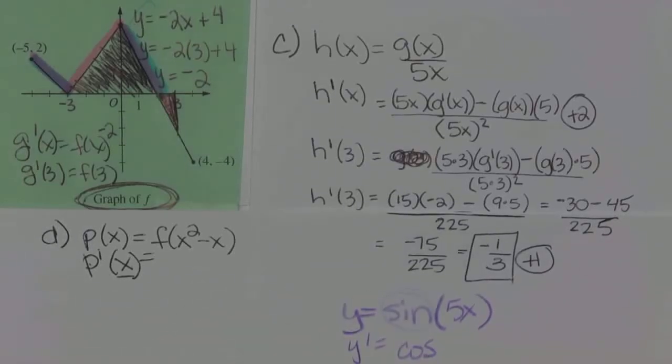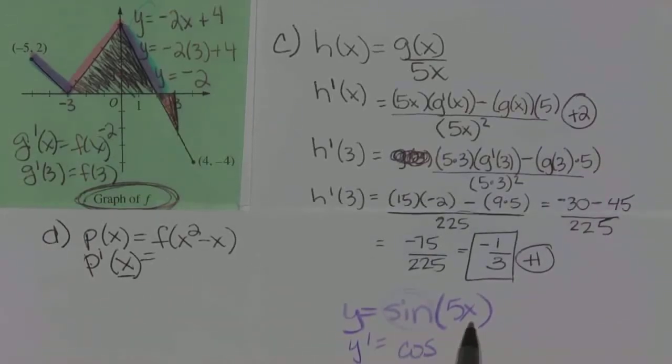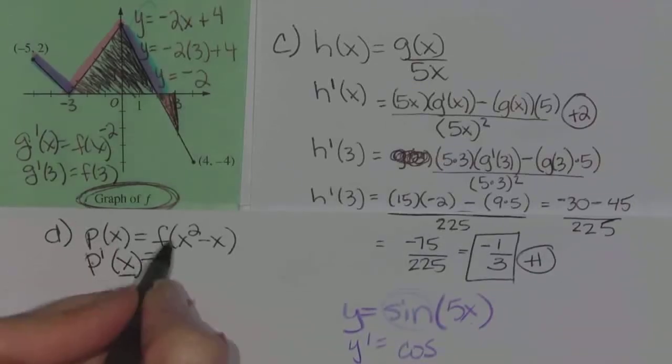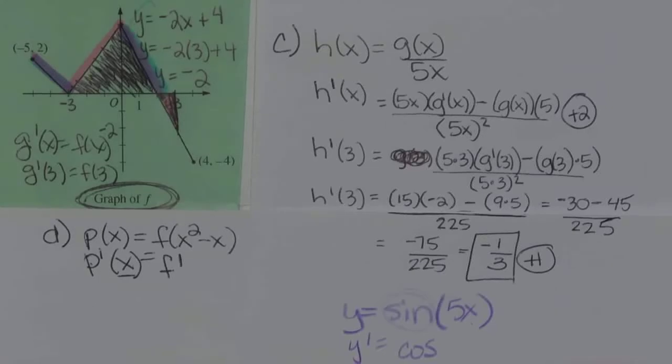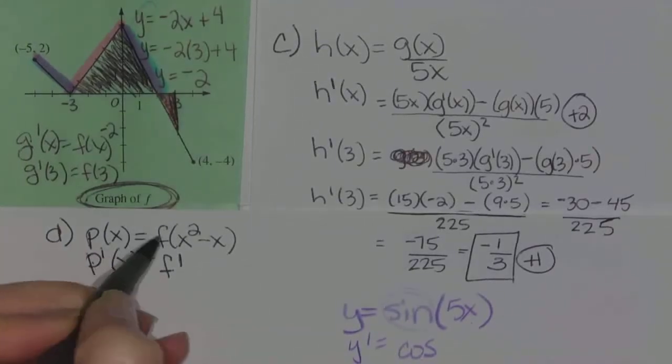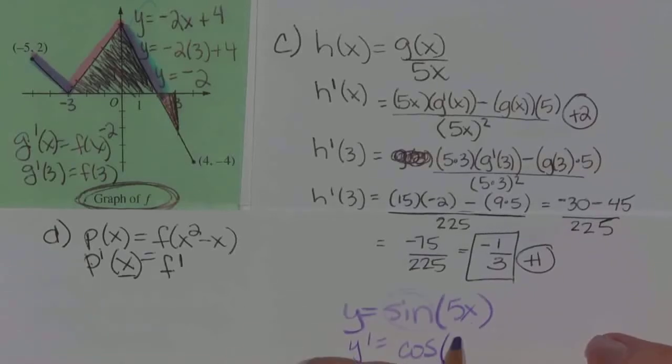So watch what I'm going to do over here. So since it's f of, and this was sine of, and the derivative of sine is cosine, well, the derivative of f is f prime. So sine to cosine, f to f prime. And then didn't we just bring down the 5x?